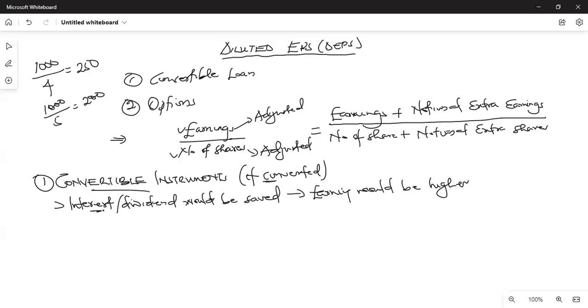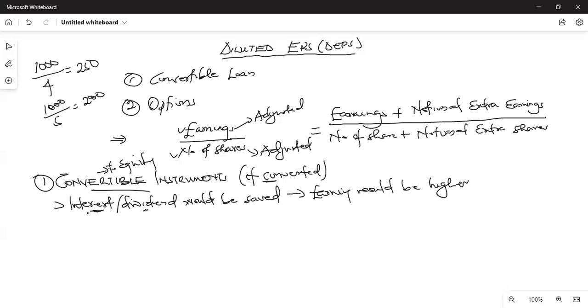If this instrument is converted to equity, we will no longer be paying the interest. If they convert their preference shares, we will no longer be paying dividends as an obligation, because preference shareholders receive a fixed percentage of dividends every year. When they come into equity as ordinary shares, dividends are discretionary, so it is not like they have to receive dividends by force every year.